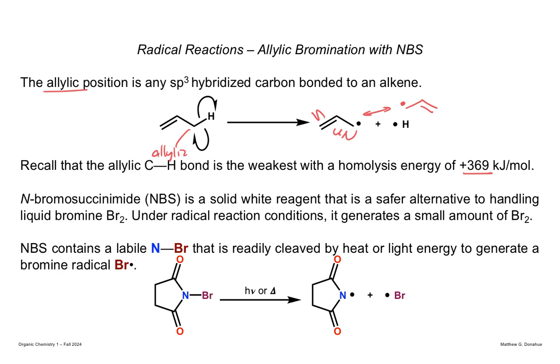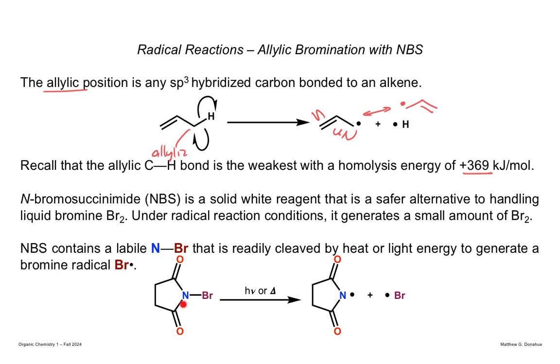Again, as we'll see either today or Friday, once you start putting other things off this double bond, then it gets a little bit more complicated. But the new reagent on this slide is called NBS, which is N-bromosuccinimide, and it's shown right here.